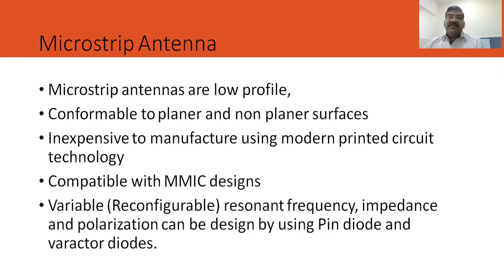So we'll discuss what this is. So microstrip antennas are low profile, meaning they are a planar structure. They are conformable. So what do you mean by a conformal antenna?